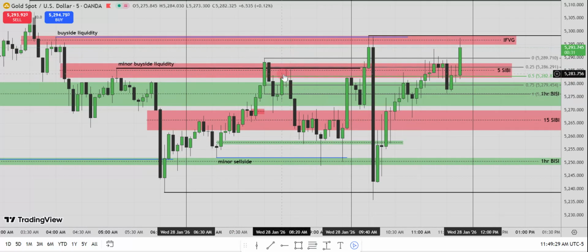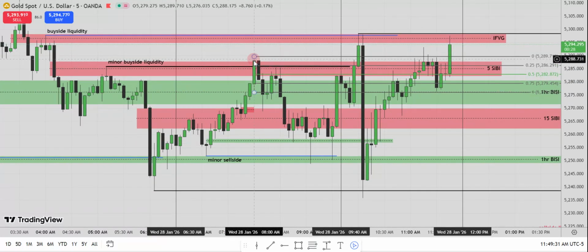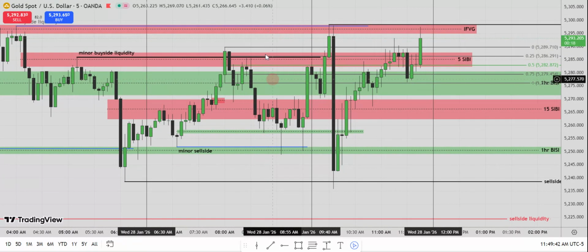That's the midpoint of that order block. This candle makes the order block, and you can see how the candlesticks are respecting there, and it's building up the narrative that it's coming for the sell side here.